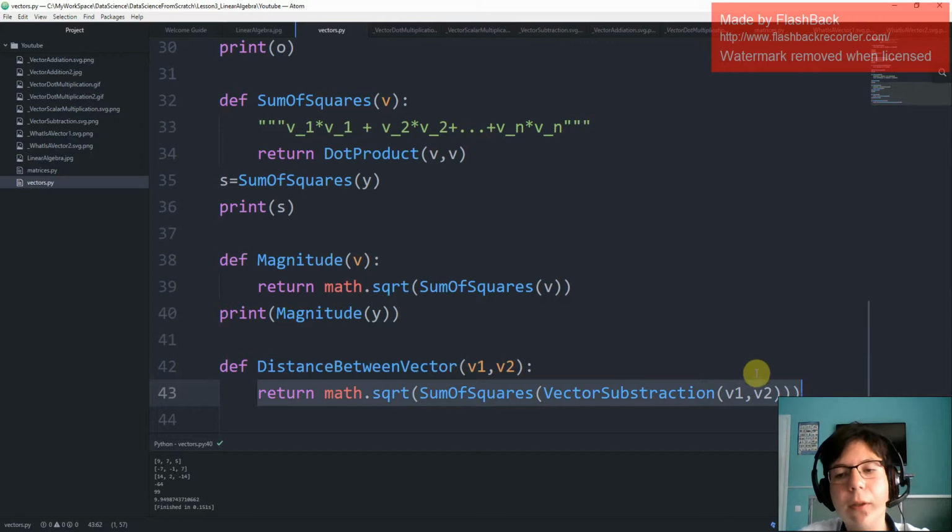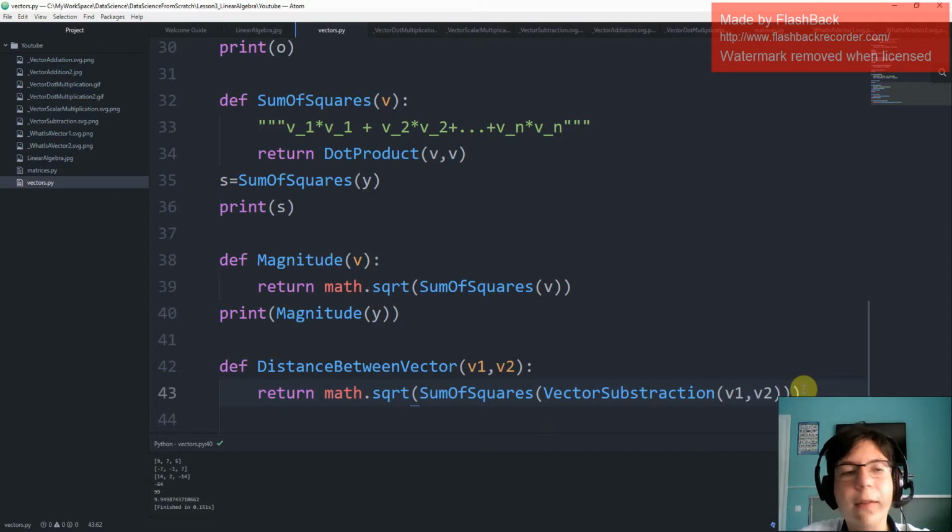So you subtract the coordinates on each axis, you square the result of the subtractions, you add everything up, and then you apply the square root. It can also be proved using the Pythagorean theorem, but I won't go into too much detail.